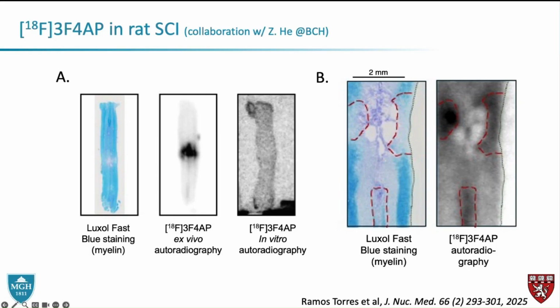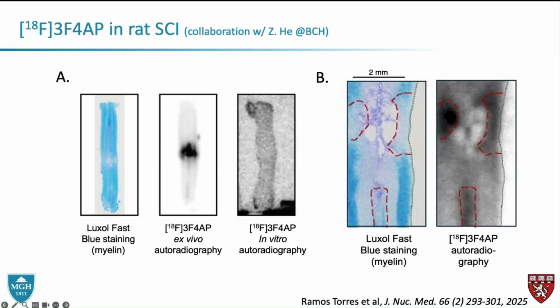So here, if we look at panel B first, you can see that in the white matter tract shown in blue, there is demyelination, and those are the areas that show high signal on autoradiography. So the signal is not coming from the cavity, it's actually coming from the demyelinated white matter.